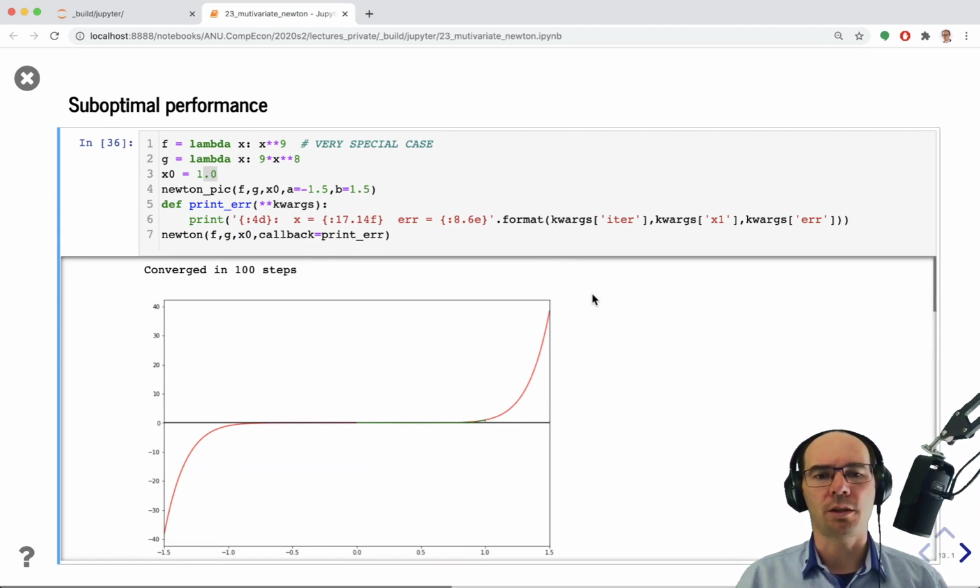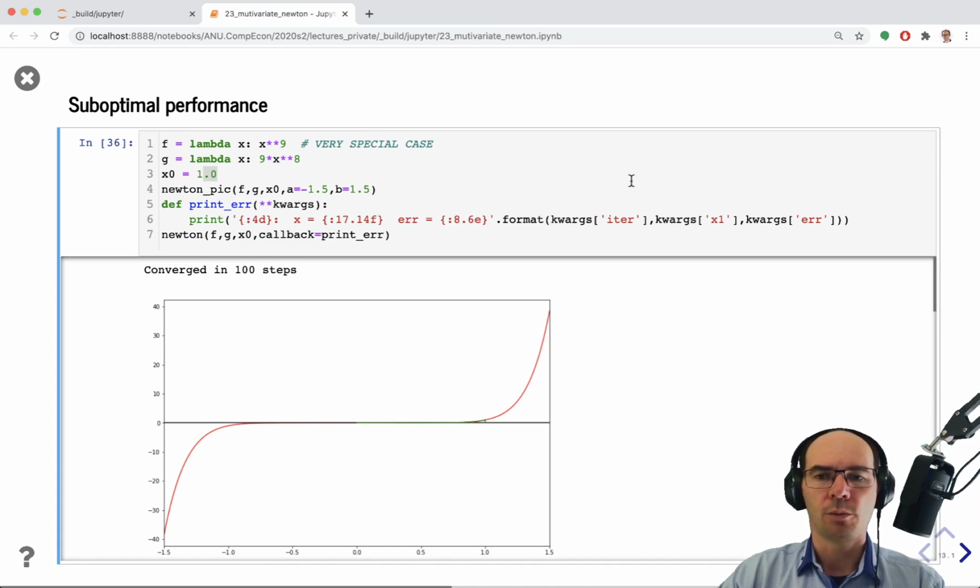Well, yes, unfortunately, it could be that Newton performs poorly in exactly these situations where the function approaches the root very, very slowly, in a shallow manner.